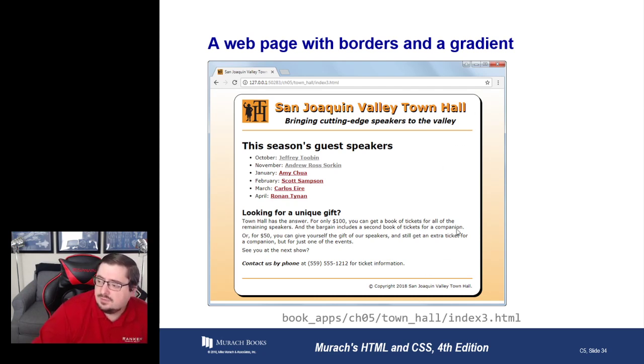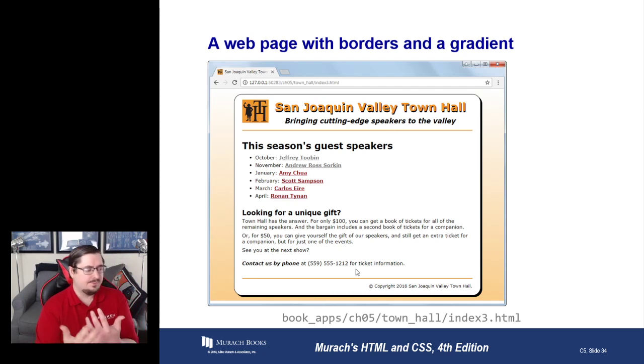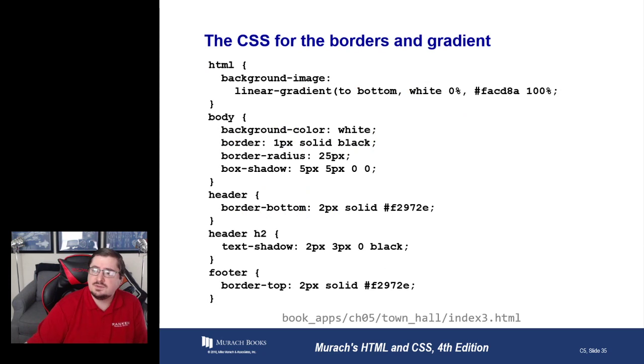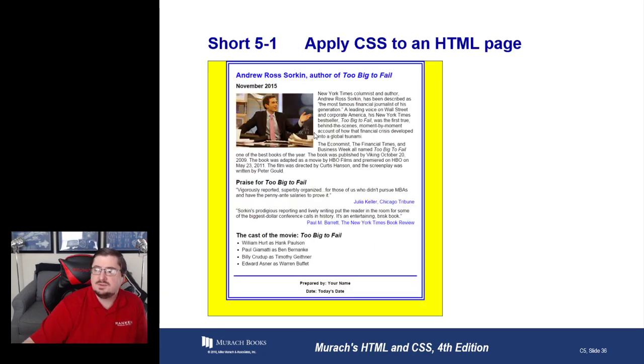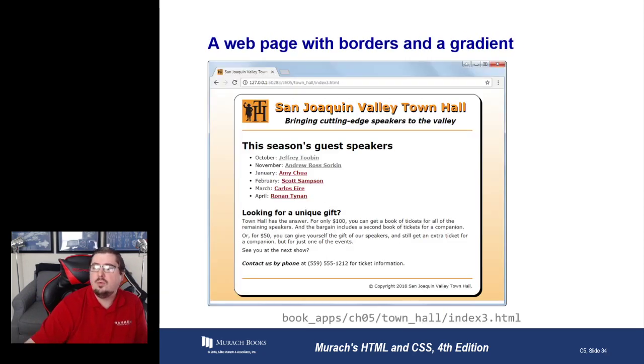You'll notice though that the inner part of this page is white. That's because we've set a gradient on, I think, the HTML, if I were to look at this. Yeah, so the linear gradient was on the actual HTML, but the body has its background set to a background color of white.